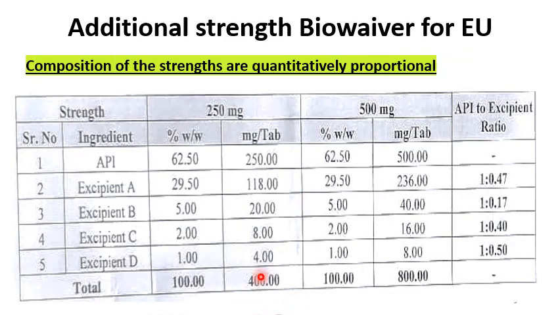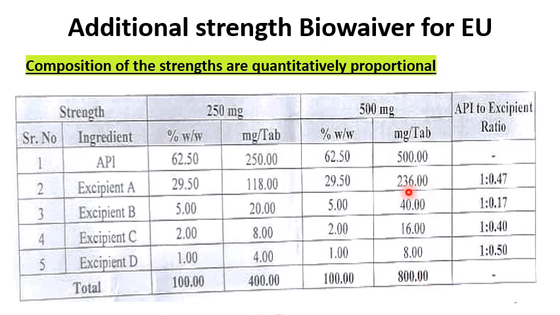We will see the examples. First is where the composition of the strengths is quantitatively proportional. See here I have included 250 mg strength and 500 mg strength. These examples are hypothetical and are made only for easy understanding. Now this tablet is 400 mg weight and the 500 tablet weight is 800 mg.